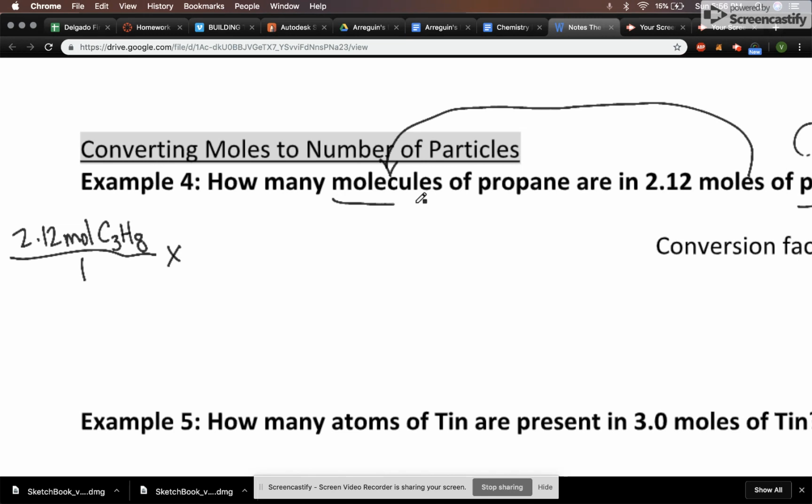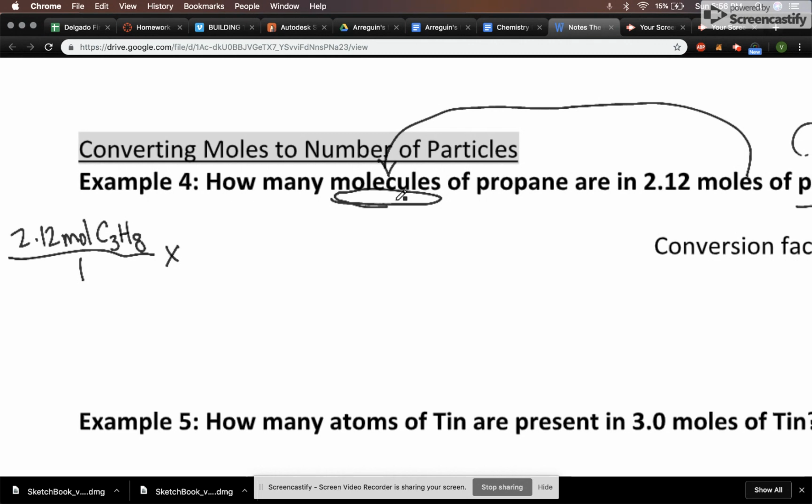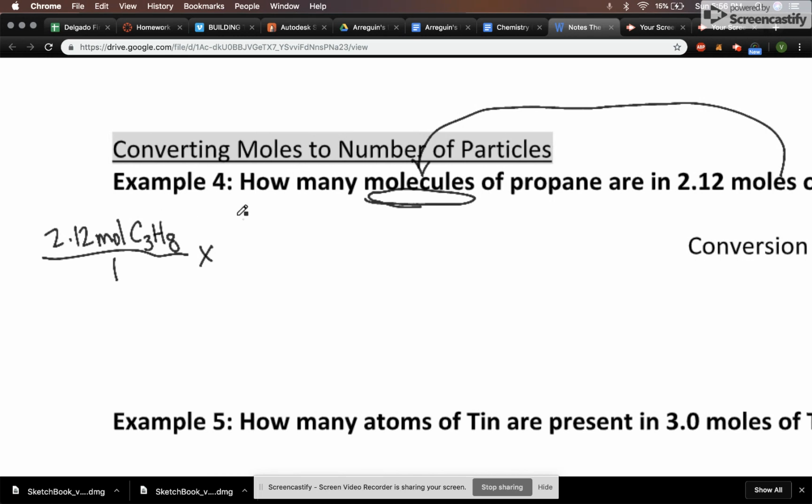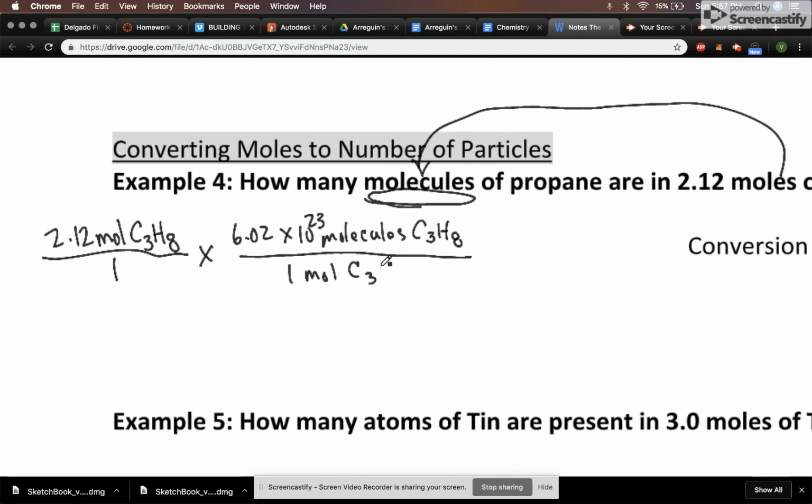We want molecules on top, so we use the conversion factor with molecules on top. So we write 6.02 times 10 to the 23 molecules of propane, C3H8, over 1 mole of propane, C3H8.